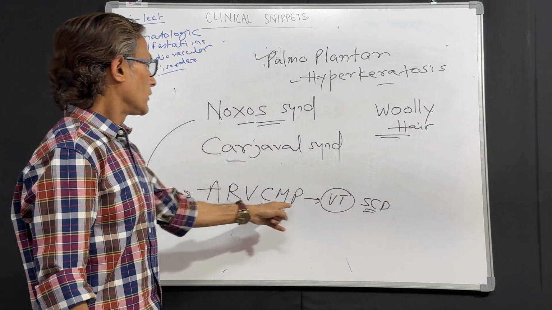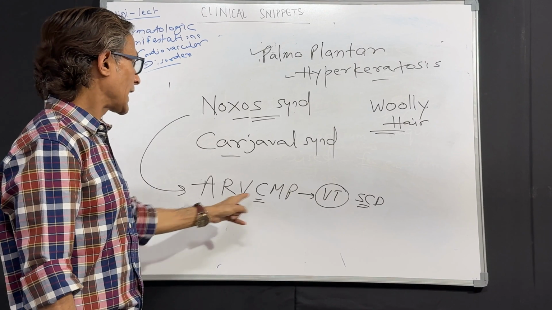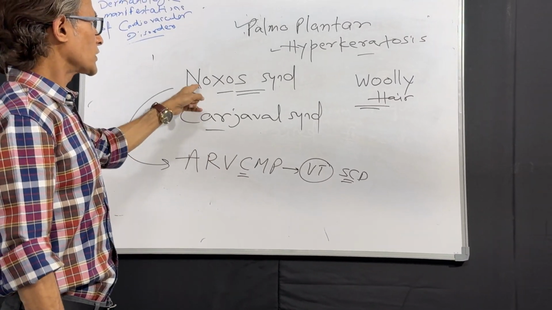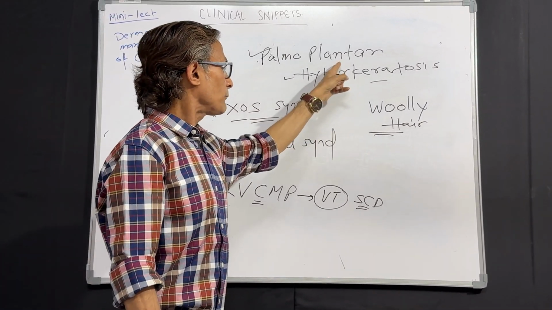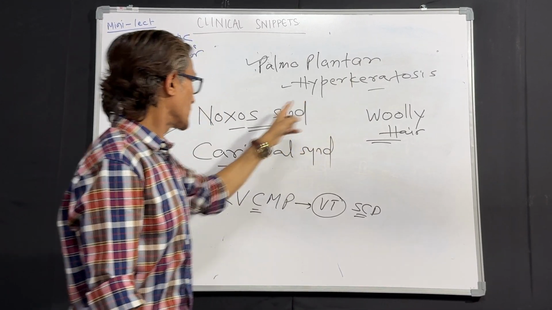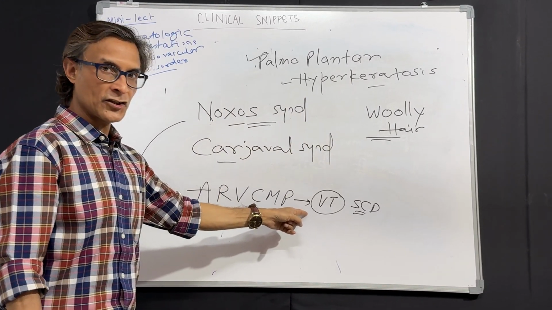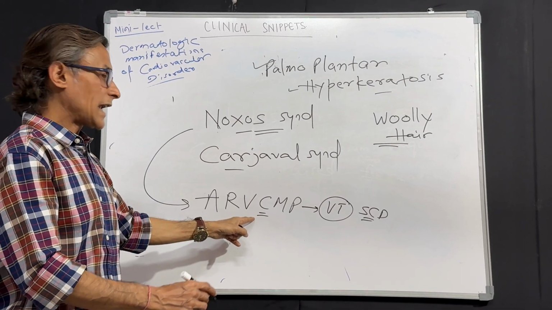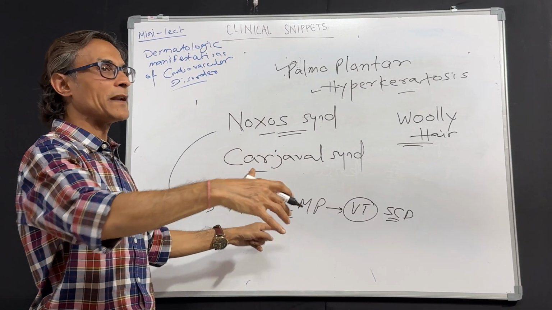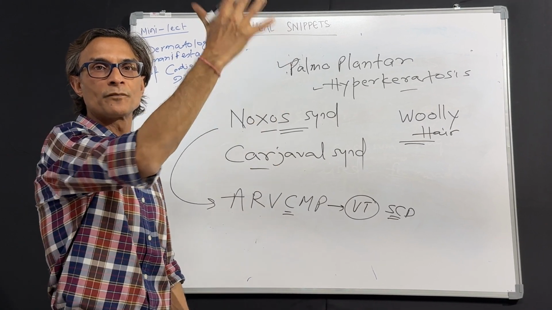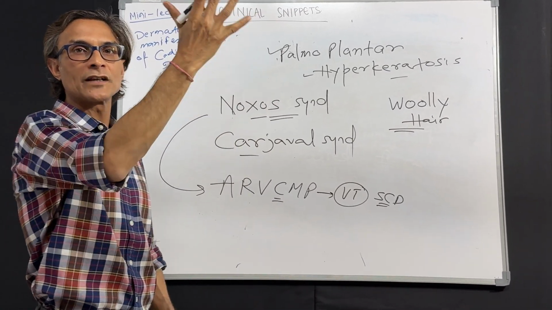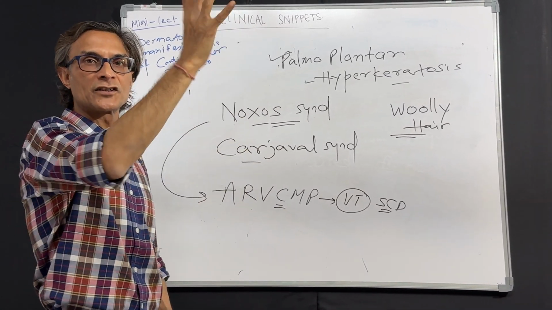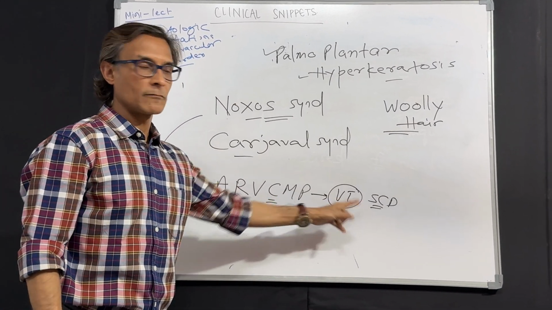So, right ventricular cardiomyopathy in Naxos syndrome: woolly hair, palmoplantar hyperkeratosis, arrhythmias. On MRI, the right ventricular chamber is being replaced by fibrofatty tissue. There is no cardiac muscle, there are fatty deposits, and arrhythmias.